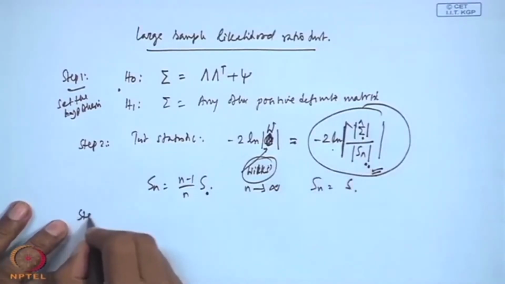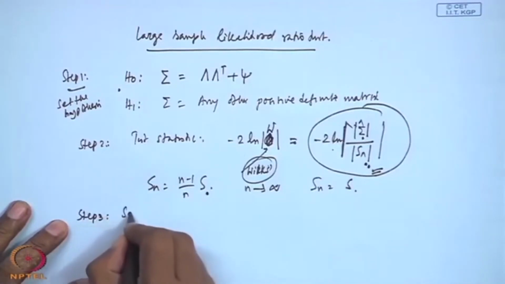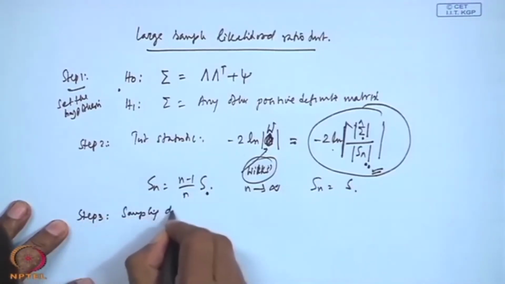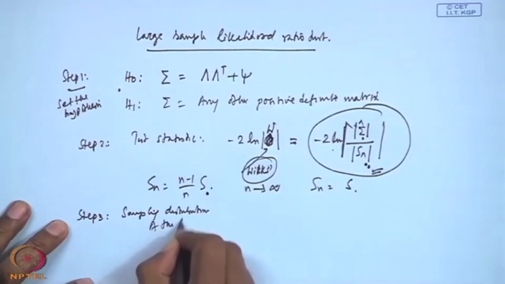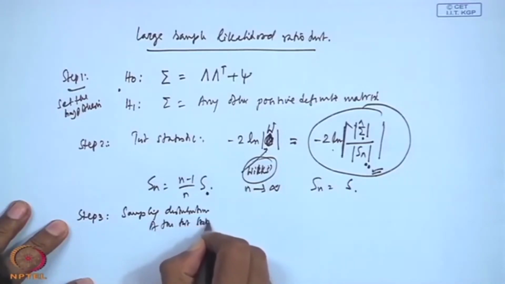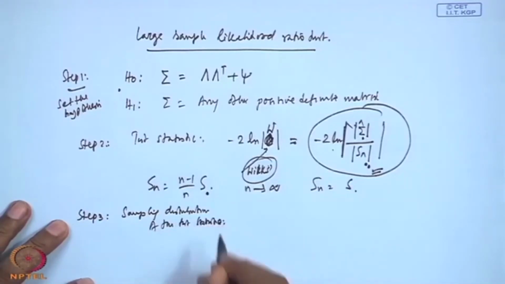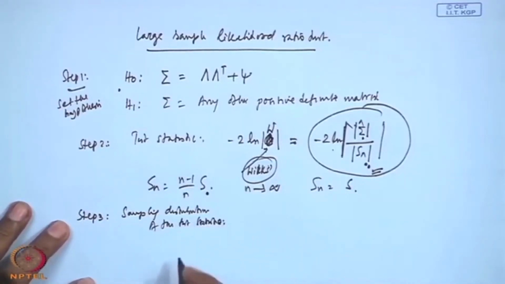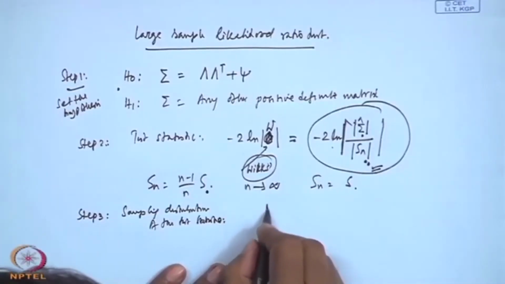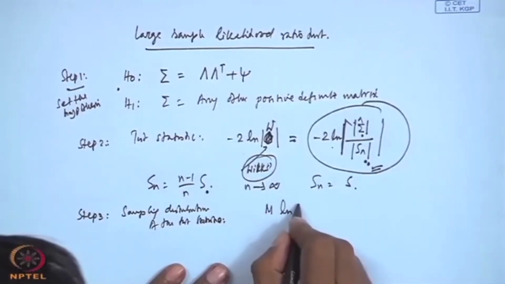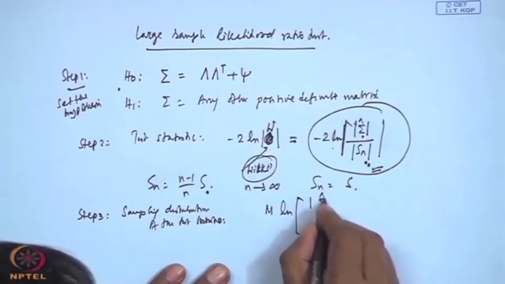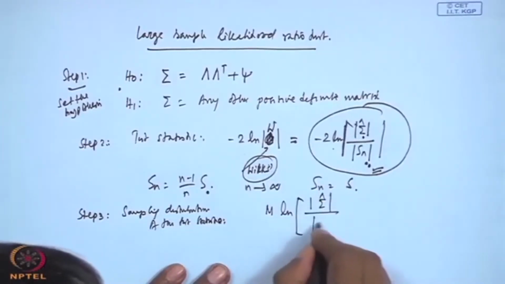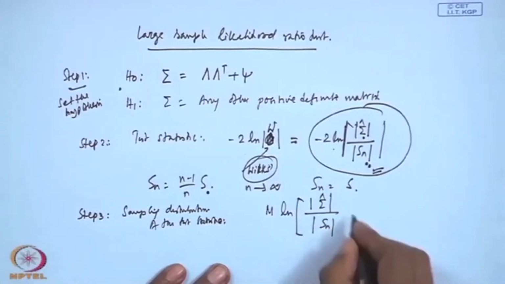Then you have to find out the sampling distribution of the test statistic. Now, Bartlett says that m log determinant of sigma by Sn.